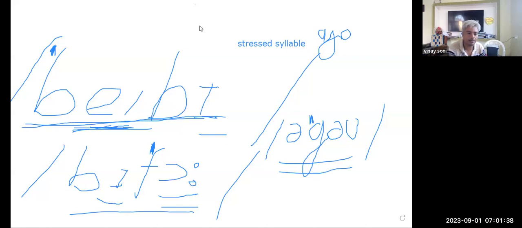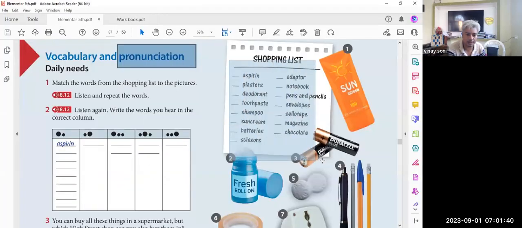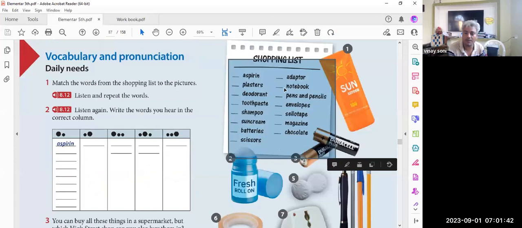Okay, now take a look at these words here. How many vowel sounds do you think they have? So when you read the word, how will you read this, guys? A-S-P-I-R-I-N. How do you read this?